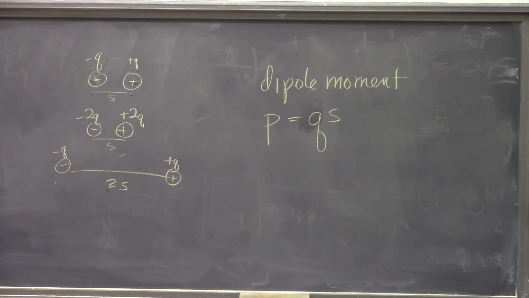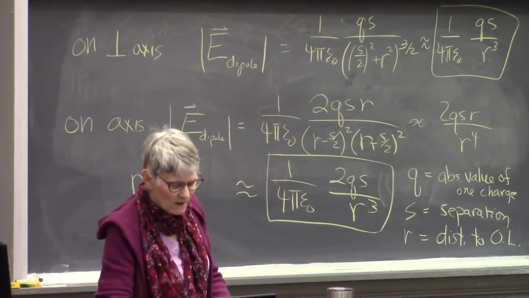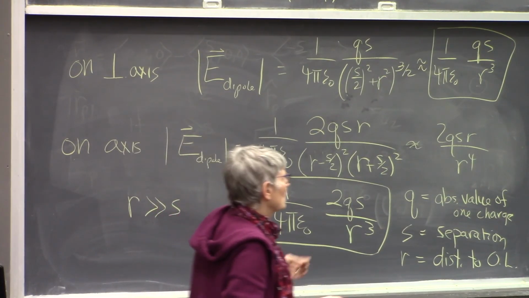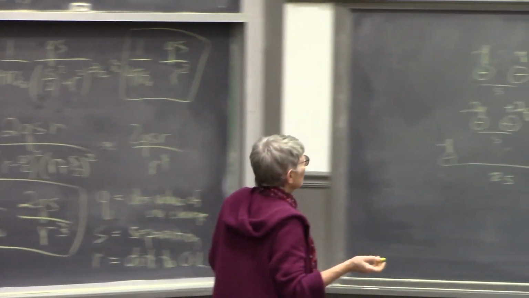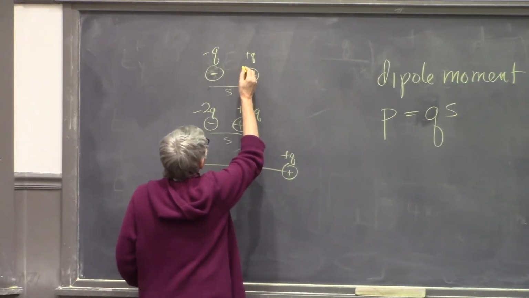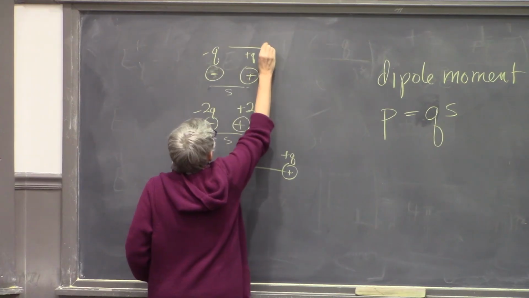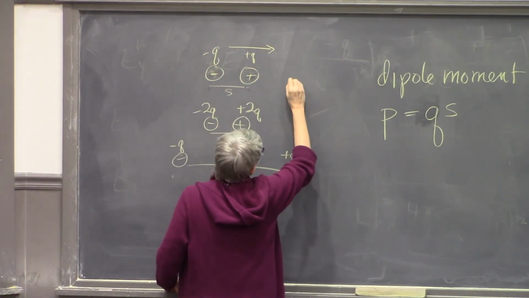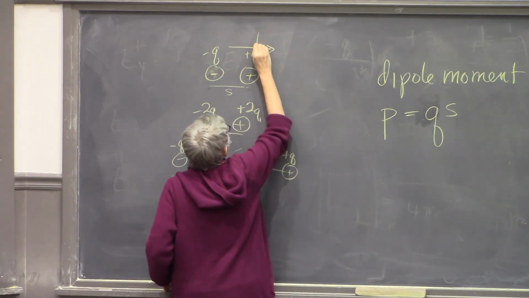We're not going to care about this in what we're doing, but P can actually be a vector. So P would point in the direction the field on the x-axis would point.